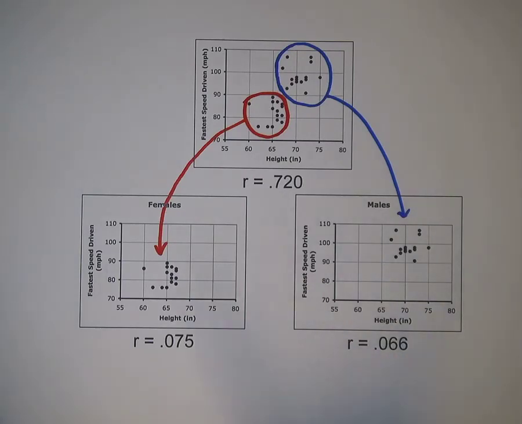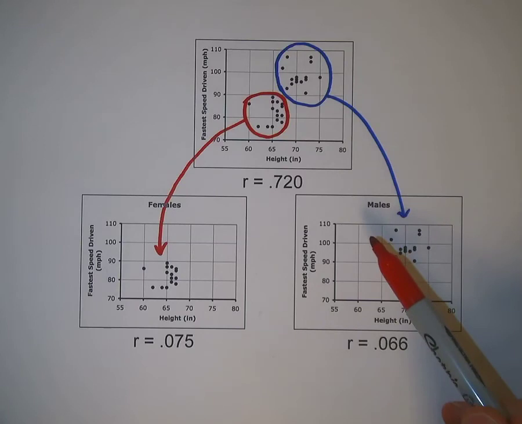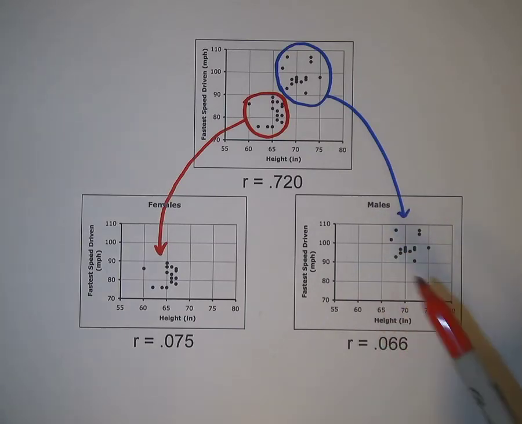Basically what we're looking at here is that males are generally a lot taller than females at that specific age, and males at age 18 are more likely to drive fast. An 18-year-old male generally is more of a risk taker than a female at that age.